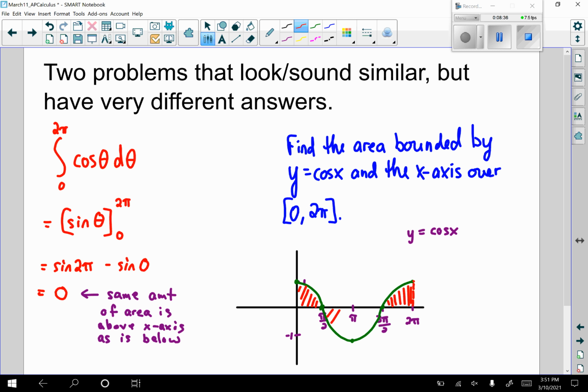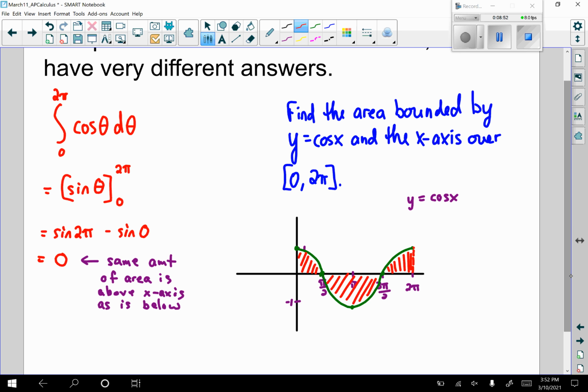And then this part would be shaded below. So these two ends should have the same area as all of the area that's shaded below. But notice we didn't find the area. We just indicated it graphically with the shaded regions. So because the value of the integral came out to be 0, that's what this means: we have the same amount of area shaded above the x-axis as we do below.